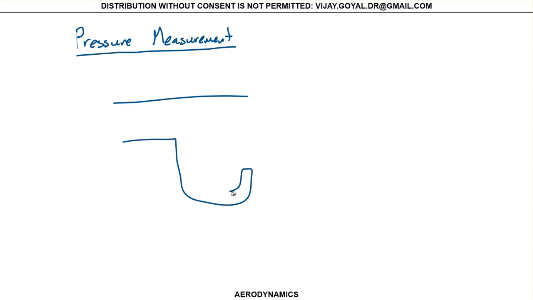Let's suppose we have this, and this is at gamma 1, and I have a pressure 1 here.